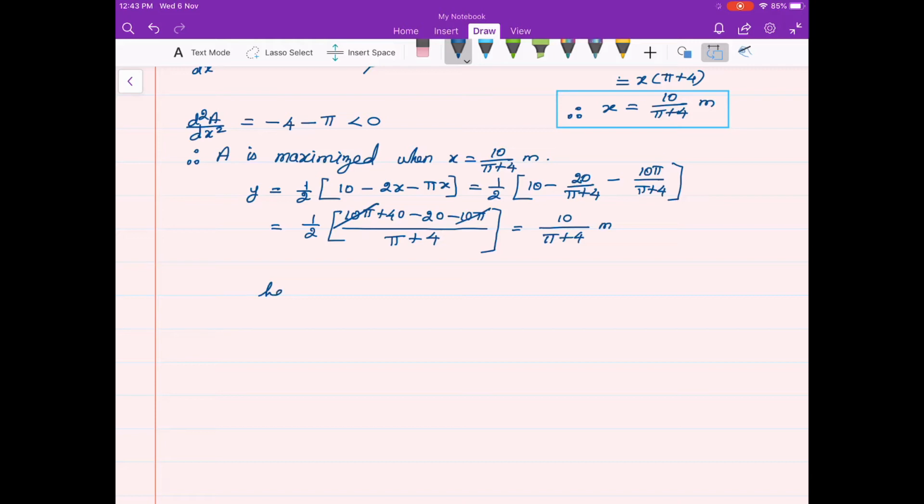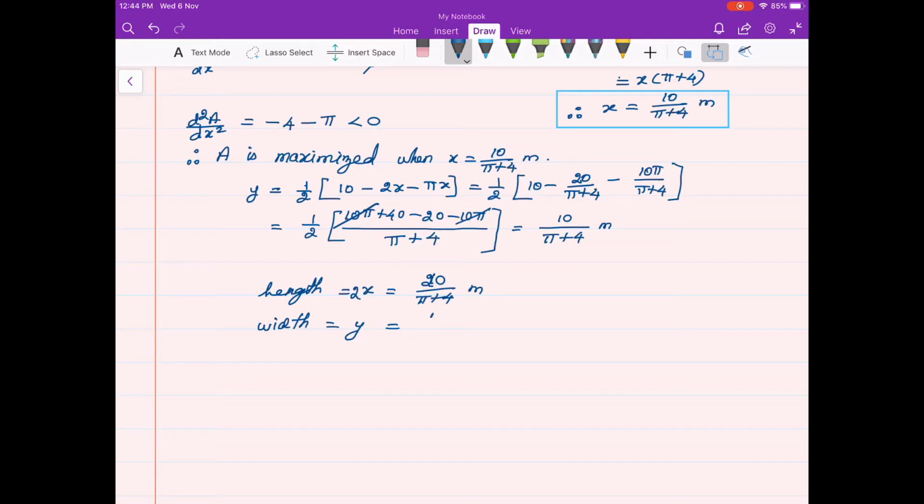Now, let us write all the dimensions. Length of the window is 2x, so it is 20 divided by π plus 4 meters.